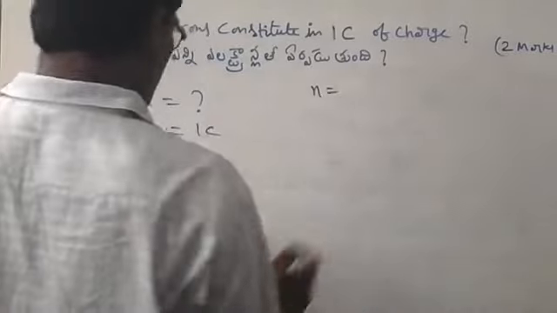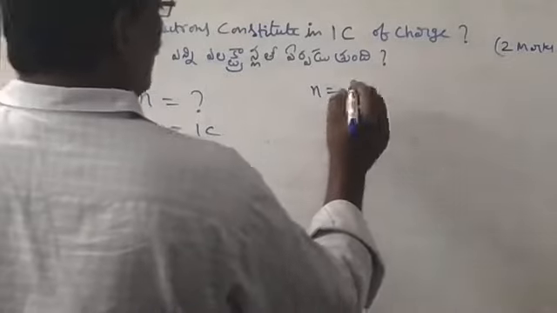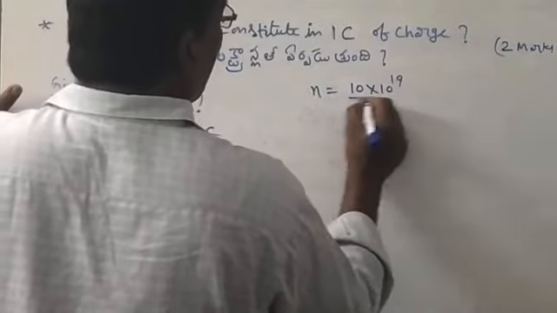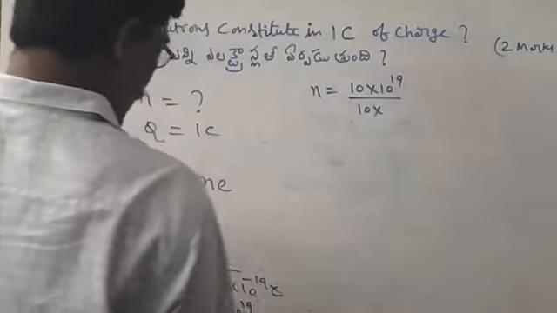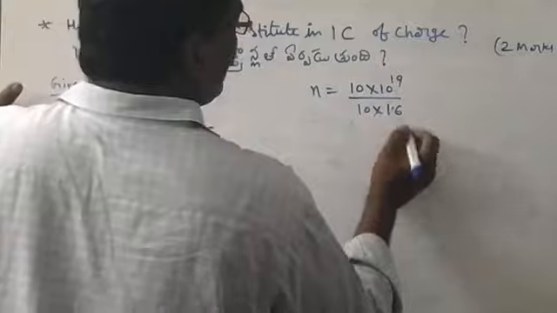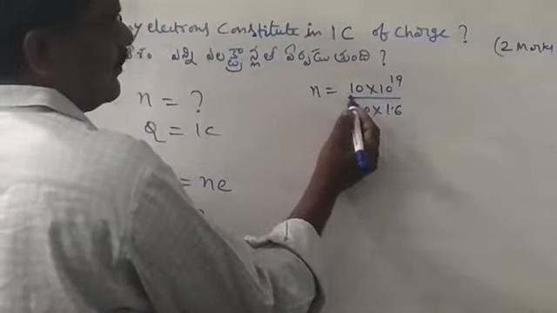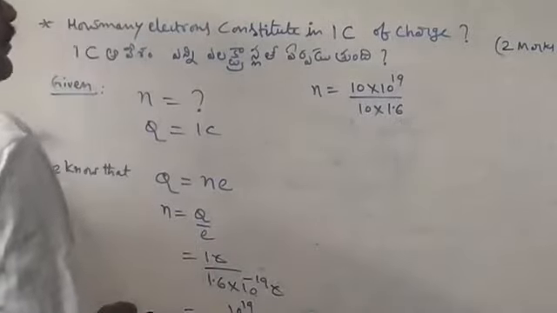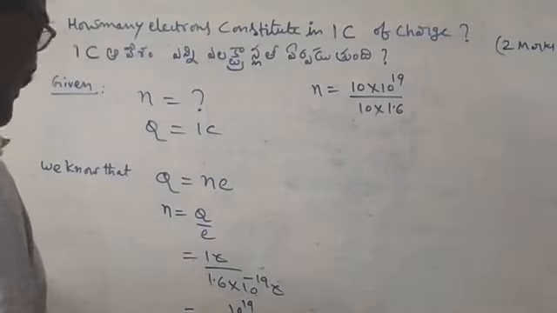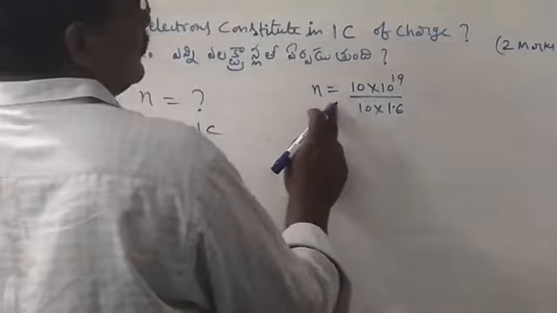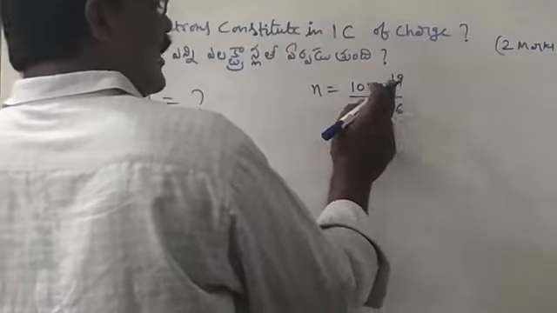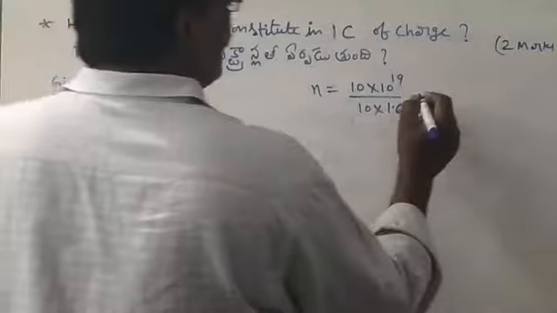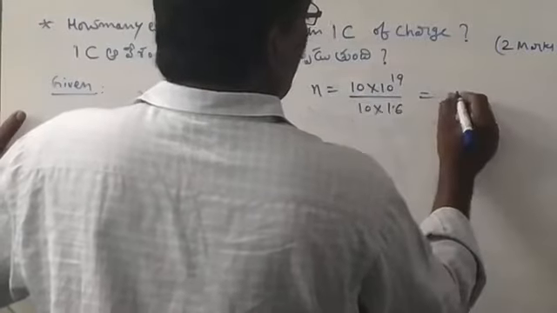Multiplying and dividing with 10, we get n is equal to 10 into 10 power 19 divided by 10 into 1.6, that is 10 power 20 by 16.